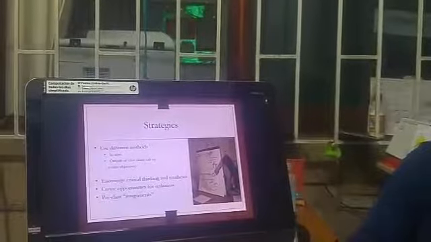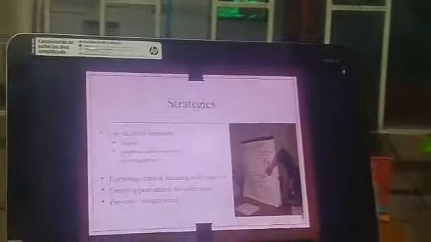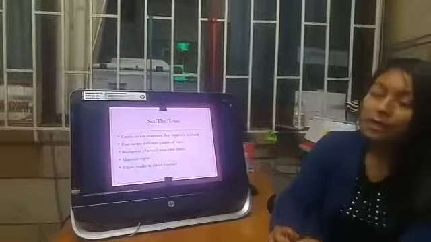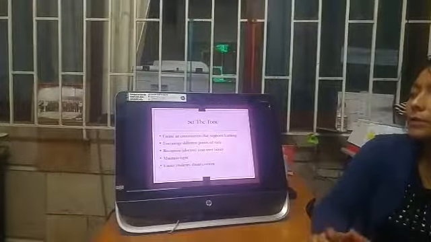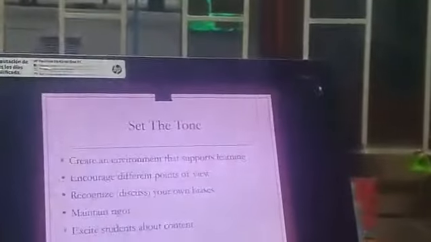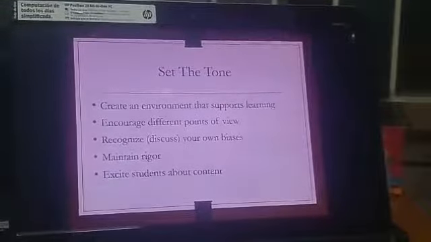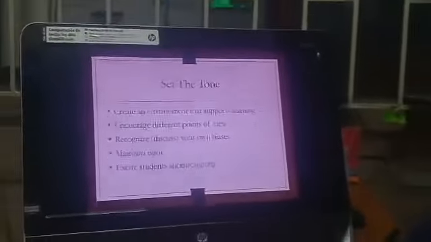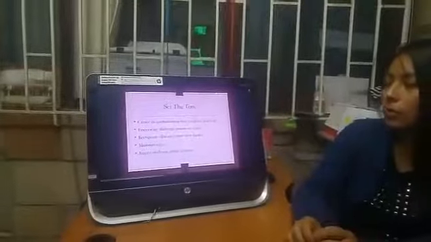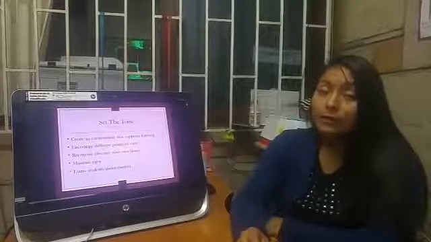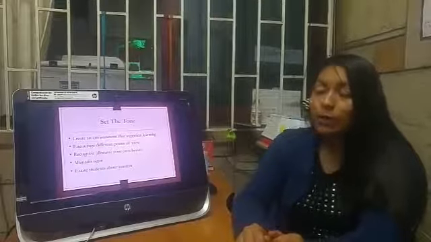The outside-of-class work is the most linked to course objectives. Set the tone: create an environment that supports learning and encourages different points of view, recognize and discuss your own biases, make it rigorous and excite students about content.